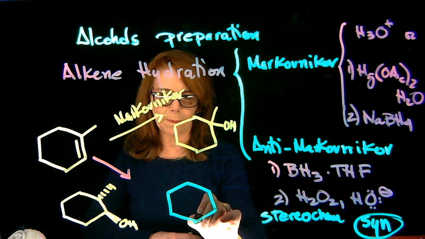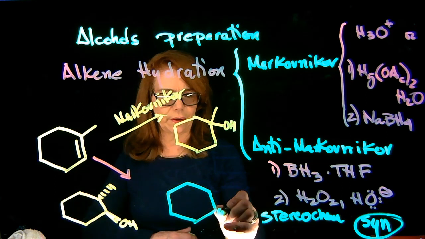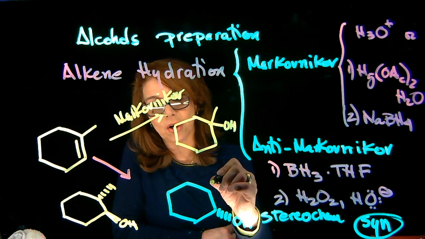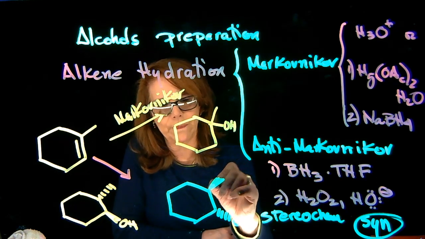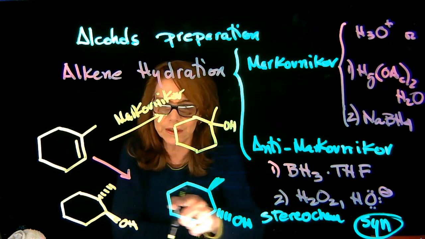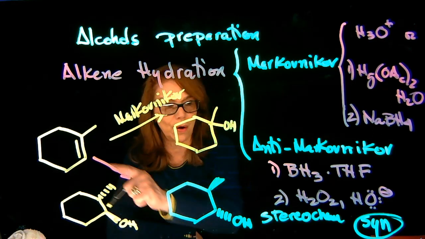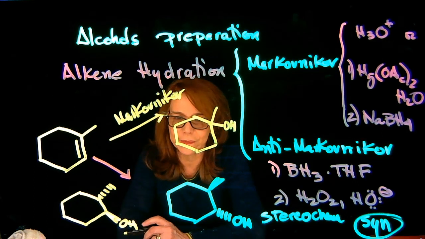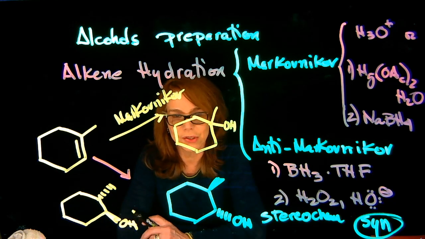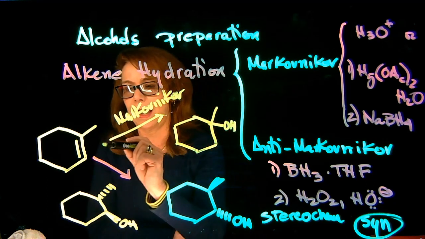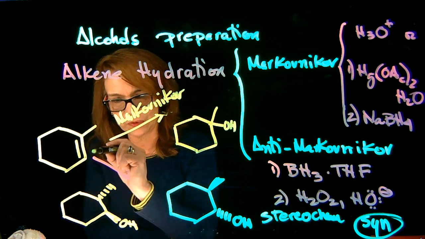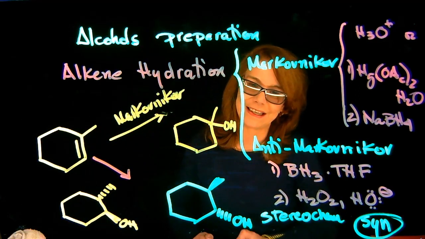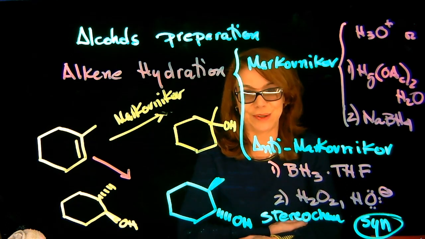You will have the OH here on a dash, that means the H is also on a dash, and therefore the methyl is on a wedge. So these are the two products that you expect from the reaction of this alkene by the anti-Markovnikov path. Again, with anti-Markovnikov, you add the H at the more substituted carbon and the OH at the least substituted, and pay attention to how you put the H and the OH because they need to be on the same side.